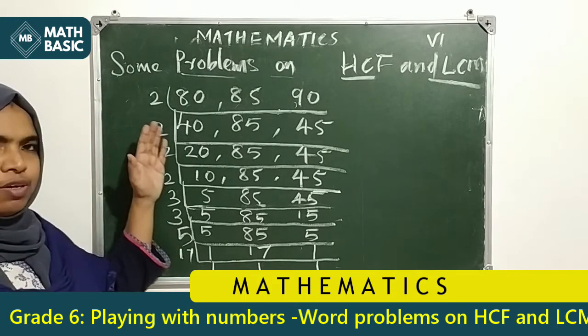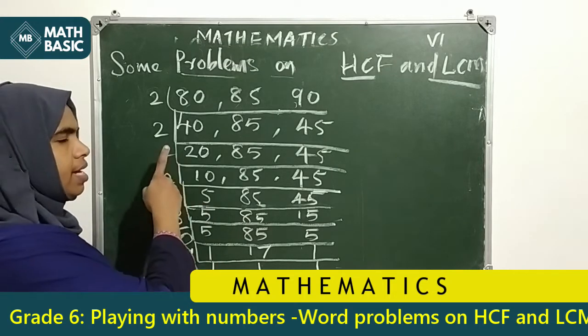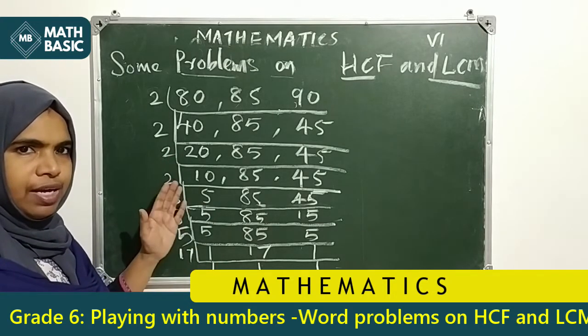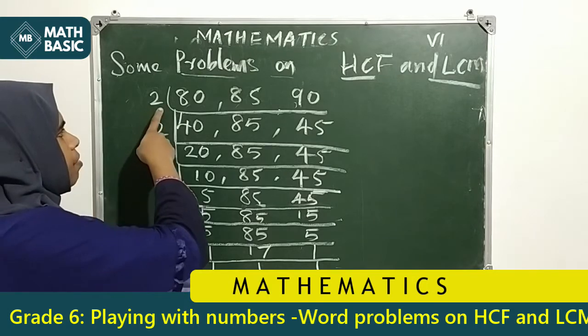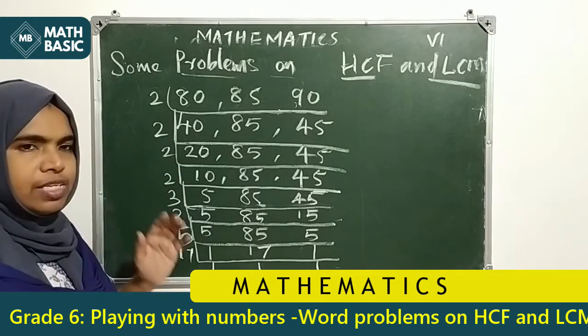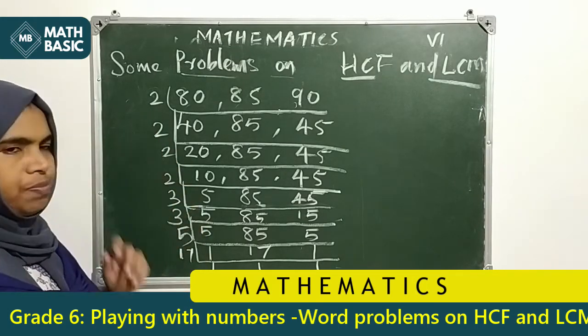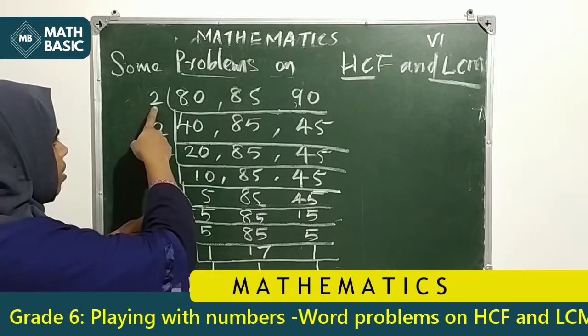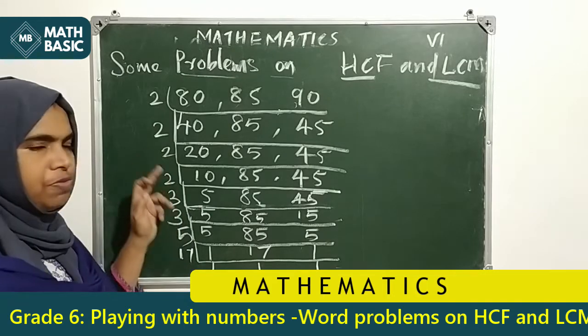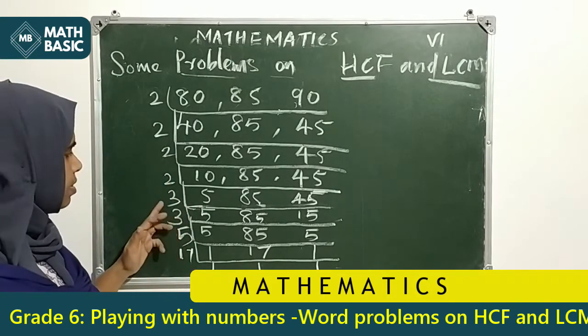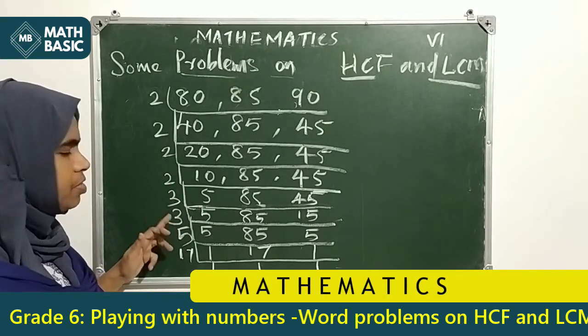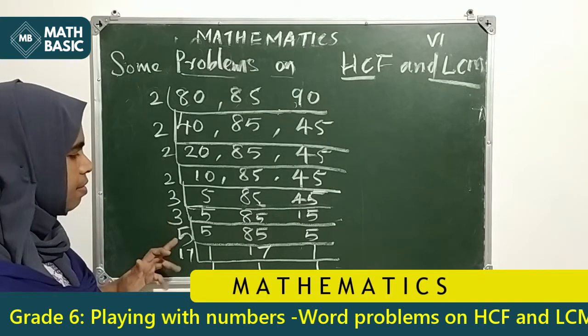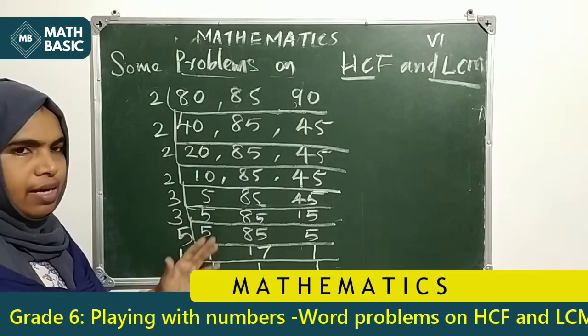See here what we did first. To find the LCM, take the first or smallest prime number, that is 2. Here 4 steps we did by 2. Next, 2 steps by 3. Next 5, next 17. Check it carefully.